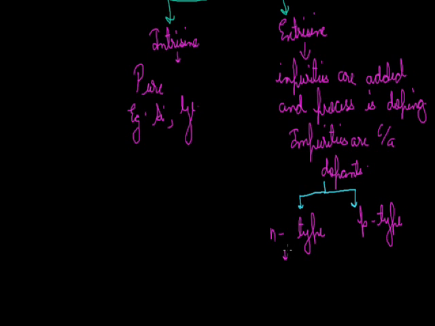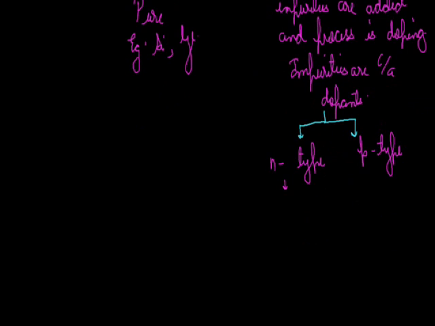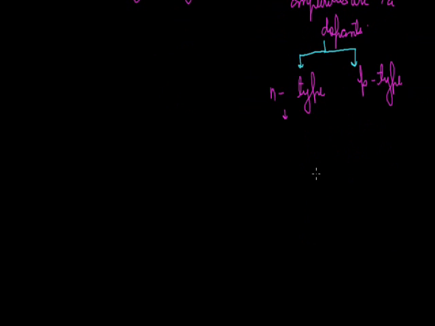As we know that N stands for negative, so in an N-type semiconductor, electrons which possess negative charge are more in number, while in a P-type semiconductor, P stands for positive, so holes are more in number.